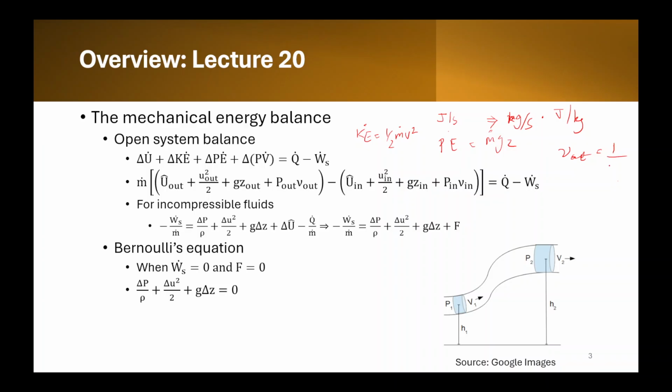The specific volume v out is basically 1 by rho, where rho is m by V. That is how you get that. If we take m dot out as common and open these values, u out hat is basically u by m.